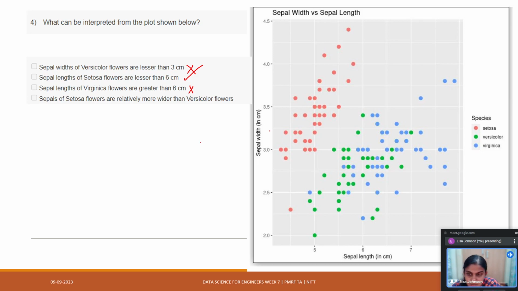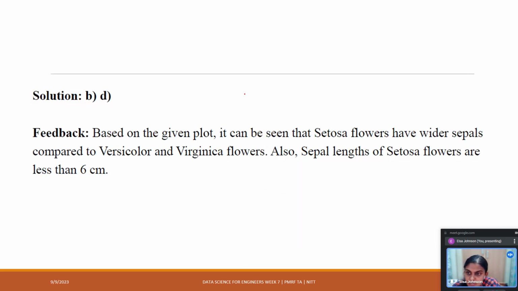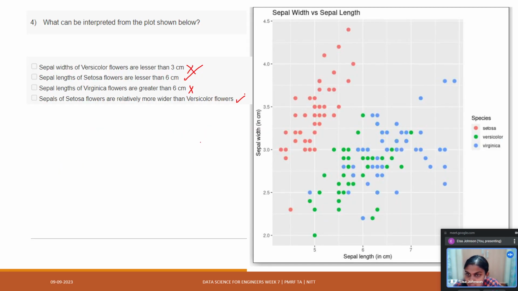Since it's given relatively more wider, you can just tell. So the answer is B and D. Based on the given plot, it can be seen that setosa flowers have wider sepals compared to versicolor and virginica. Also, sepal lengths of setosa flowers are less than 6 centimeters. So the answers are B as well as D.